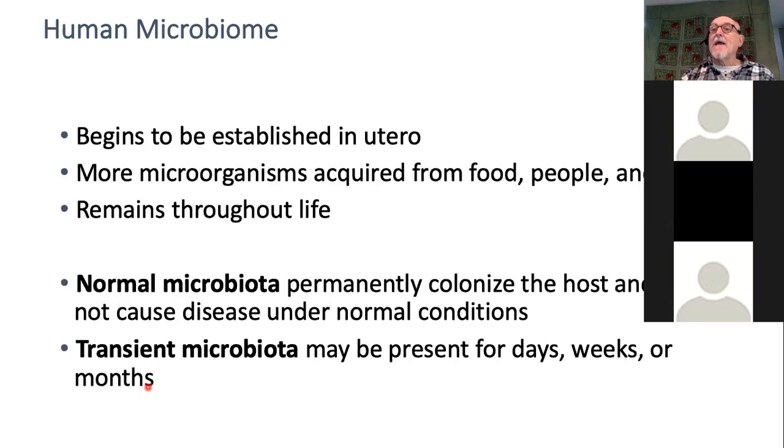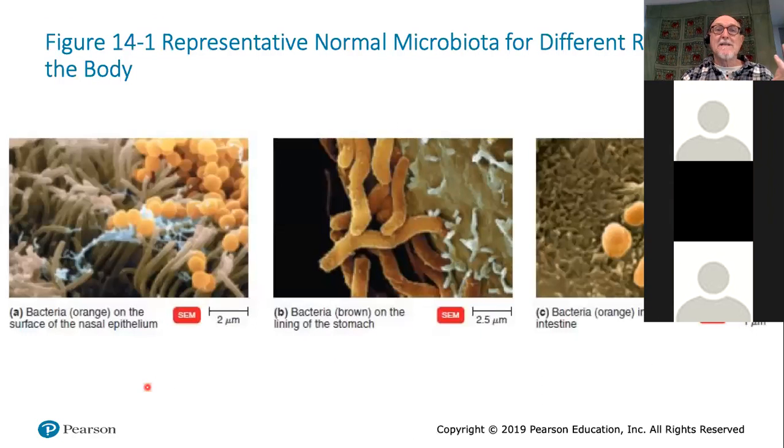As I say, it's not a fixed entity. It changes. It changes with all sorts of reasons. It is a dynamic thing, but it is terribly important because it is protective of us, as we'll discuss in a second.